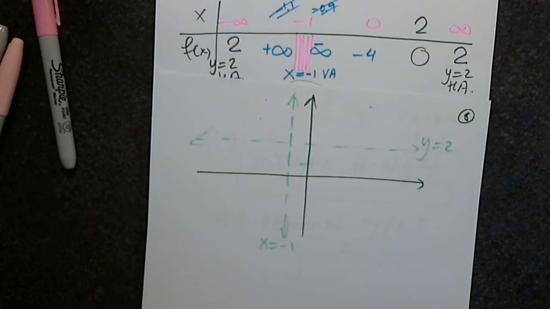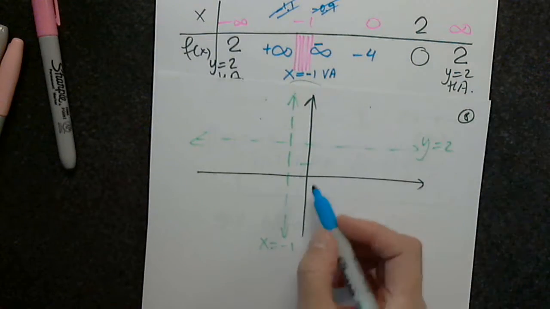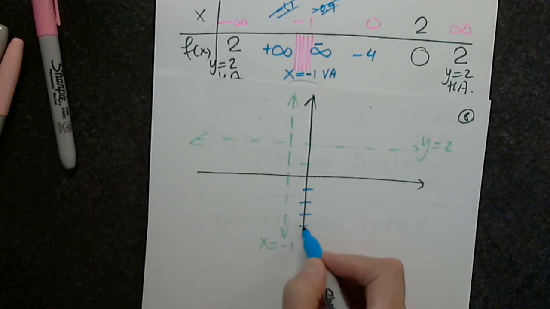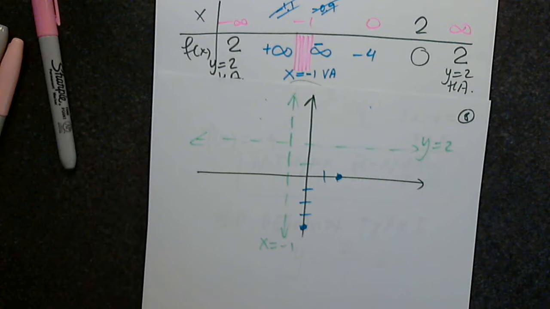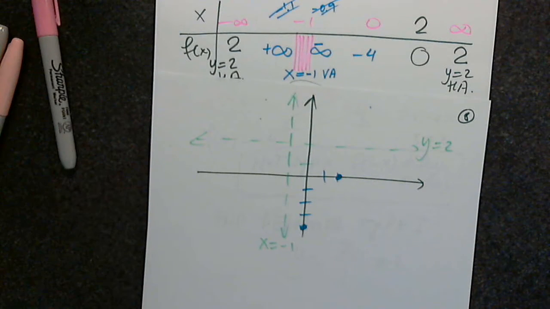Then I plot the points I have: 0, negative 4, and 2, 0. And now I analyze the table. So let's analyze the table together. From approaching 2, it's coming closer and closer to negative 1, going to positive infinity.